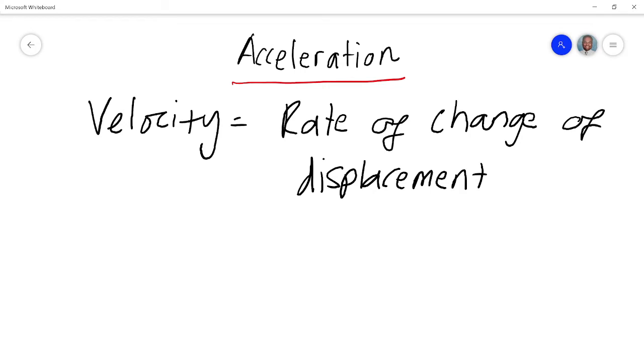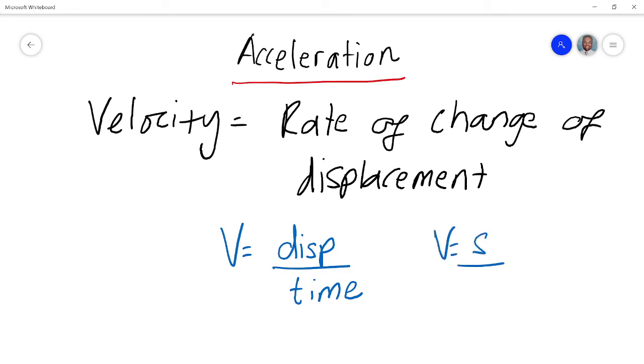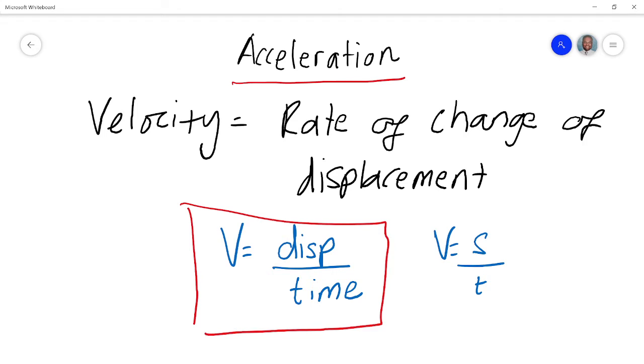So the formula for velocity becomes v is displacement over time. Different textbooks have different ways of abbreviating displacement. Some books write v equals s over t, where s is displacement. However, for the sake of familiarity, I like to put disp over time to say that's displacement.